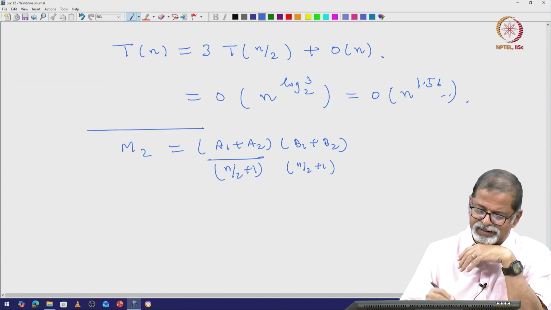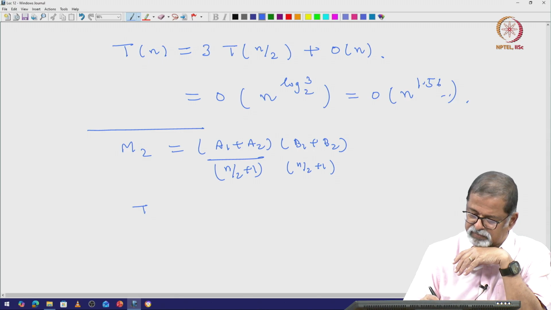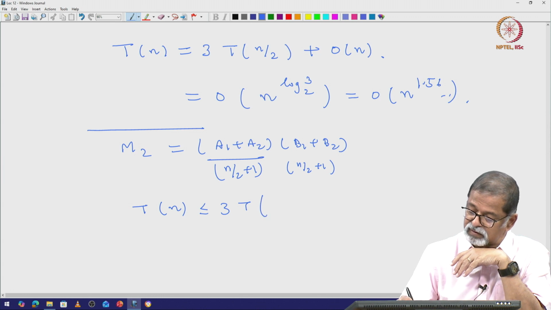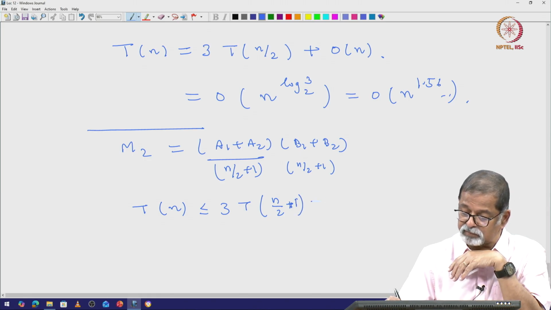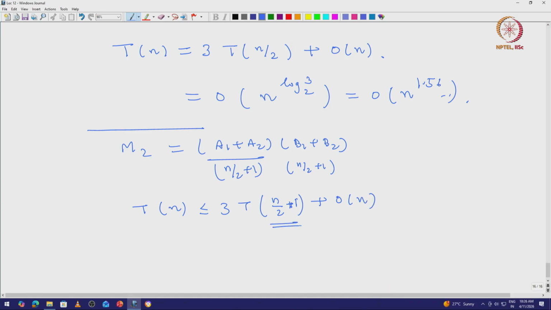So in reality we have an equation of the type T of n is less than or equal to 3 times T of n by 2 plus 1, because these are n by 2 plus 1, plus of course order n, there is no change, but here you may have a slightly larger value by a constant.